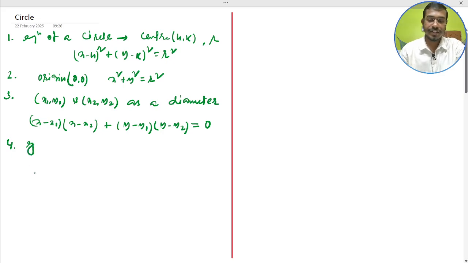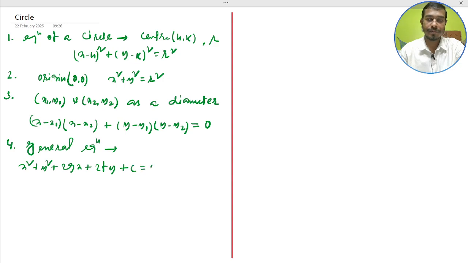Now working. The general equation is x square plus y square plus 2gx plus 2fy plus c is equal to 0.